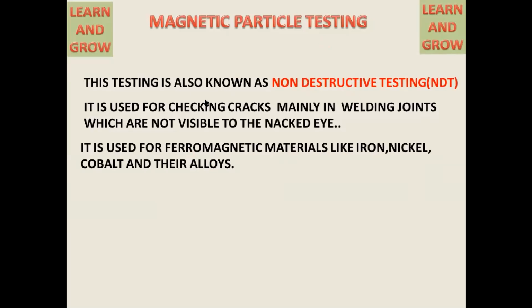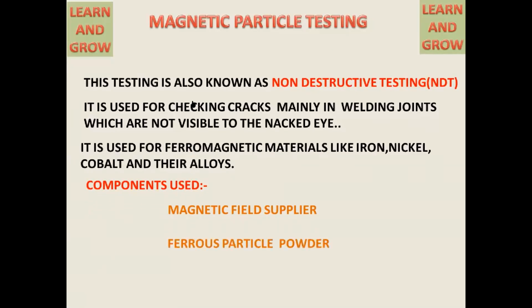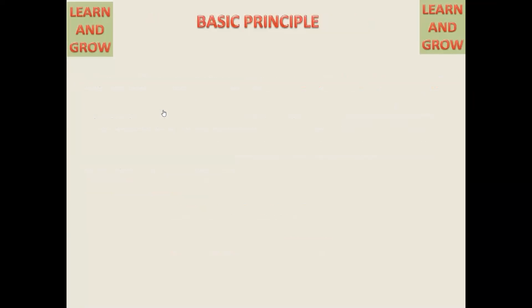This is mainly for weld joints which are not visible to the naked eye, and it is used for ferromagnetic materials like iron, nickel, and cobalt. Please just see the animation, you can easily understand.